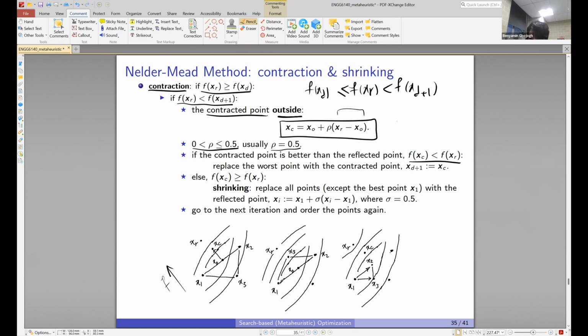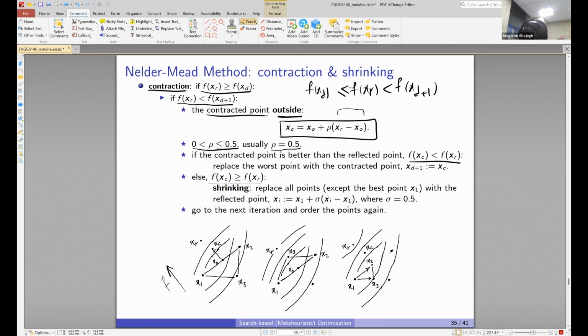By the way, why don't we want to replace the worst corner with XR anymore in this case? Because XR is not an ideal corner anymore, because it's worse than X1 and X2, right? That's why we say, okay, XR, we want to go toward you, but not as much as you, because you are not very good. You are worse than X1 and X2.